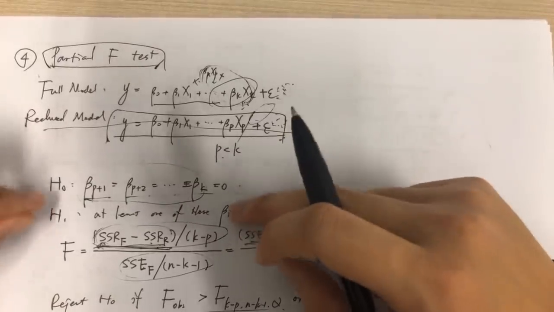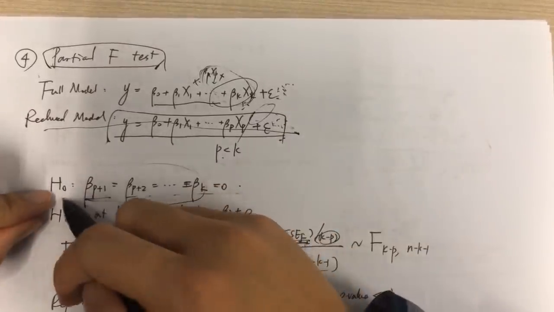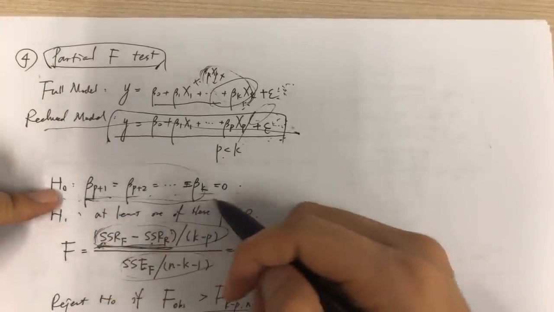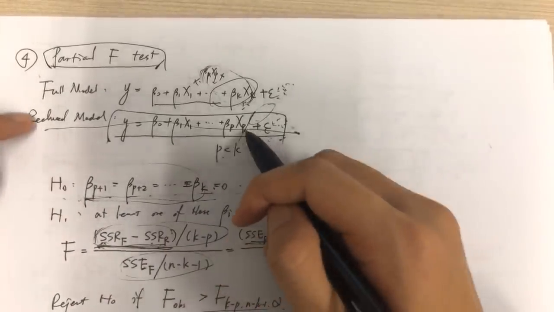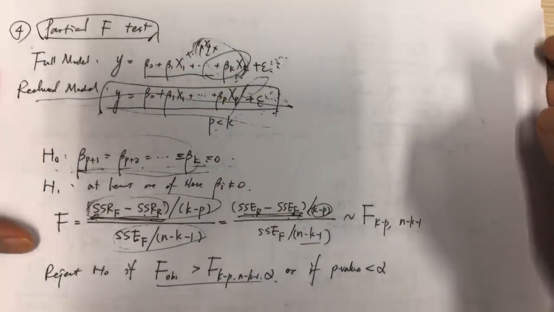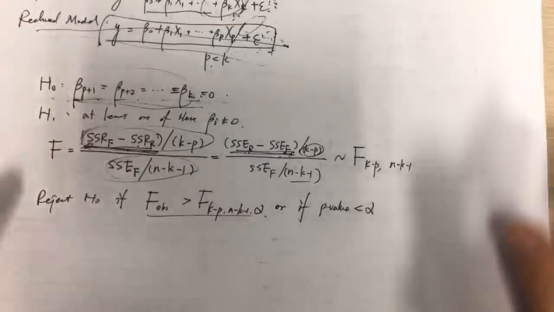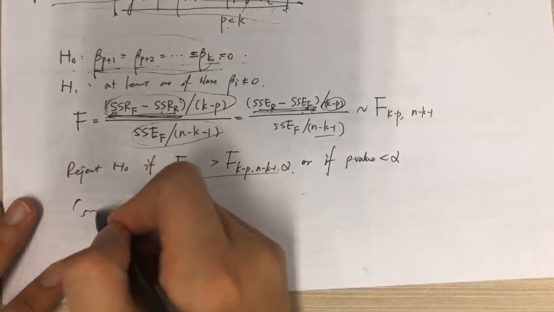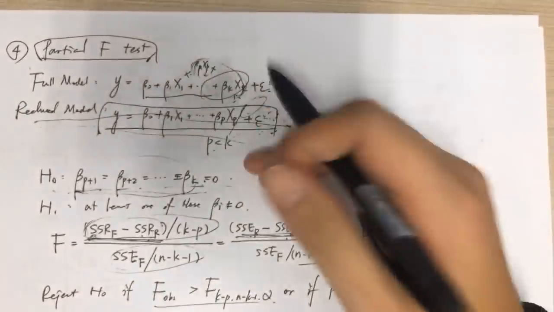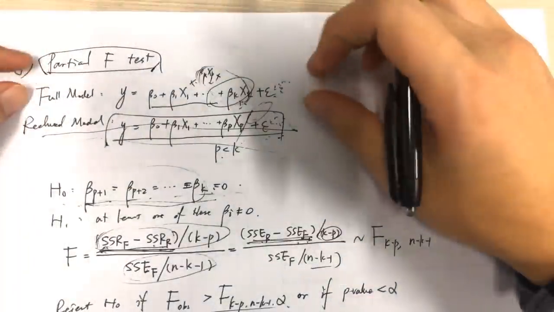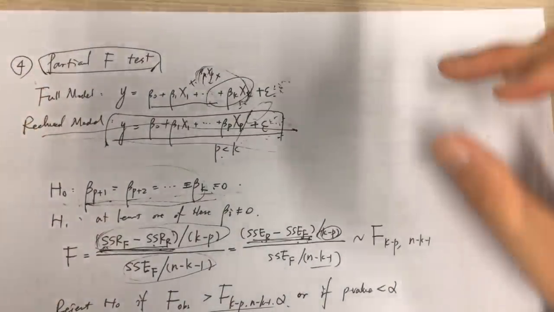And if we do not reject the null hypothesis, it means the model can be reduced to the reduced model because all those coefficients are 0. So we can just reduce to the reduced model. Thank you for your question, Sally Ma. And again, the conclusion is whether we can reduce the model or not, based on what Sally Ma is saying, okay?